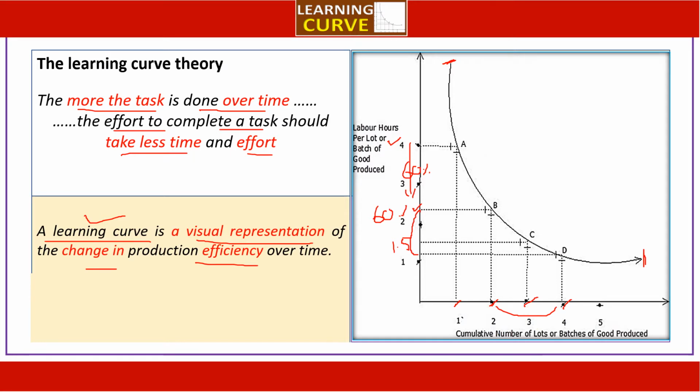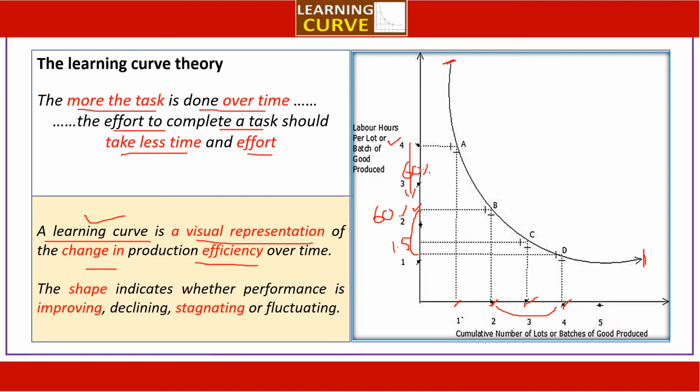A learning curve indicates how your efficiency is getting you the benefit of saving in time, effort, and consequently the cost. And the shape: when it moves from 4 to 2.4, you will see the shape is very steep.